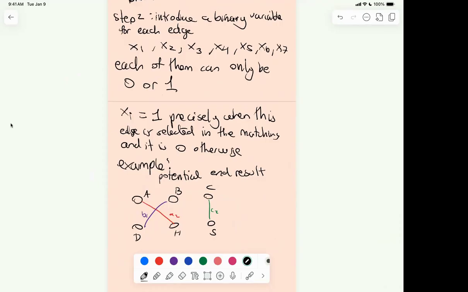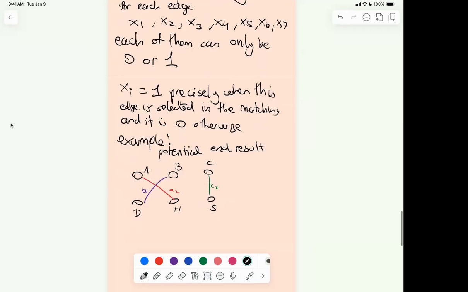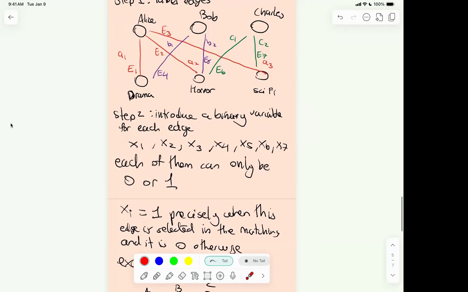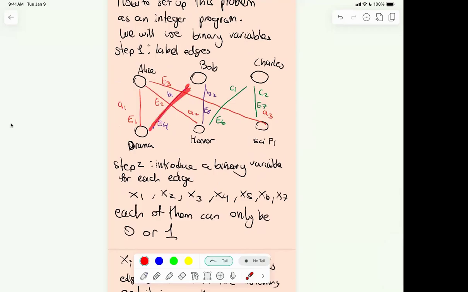This second edge was selected, so the value for this second edge would have been 1. Then what was the edge with money B1? The edge with money B1 was E4, edge 4.